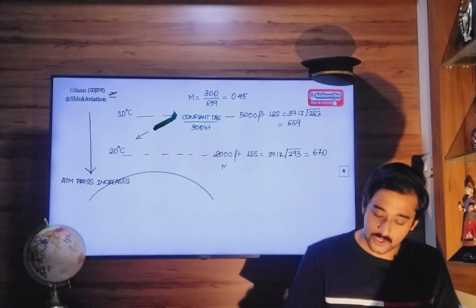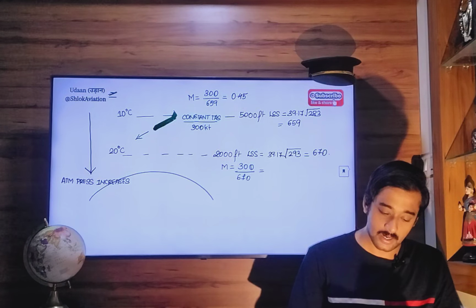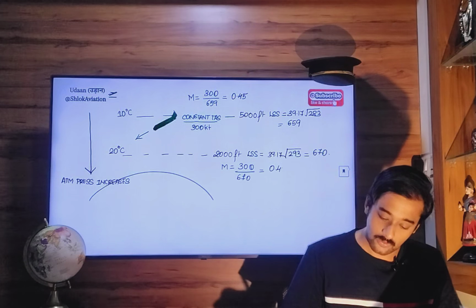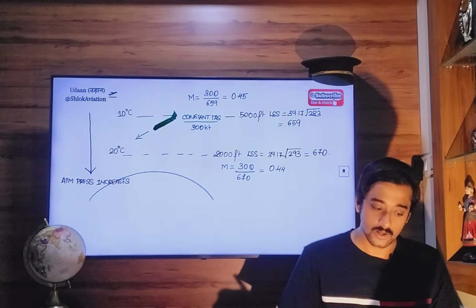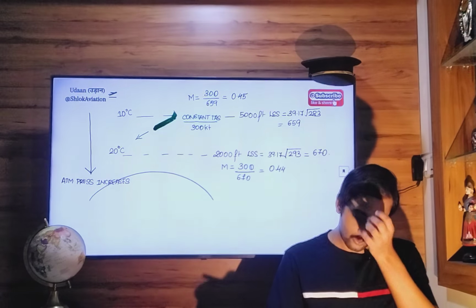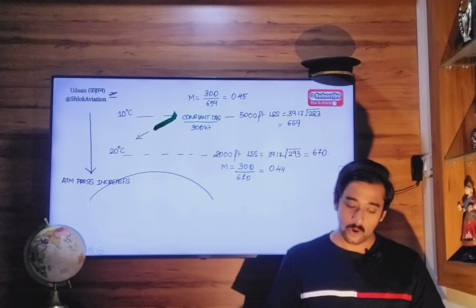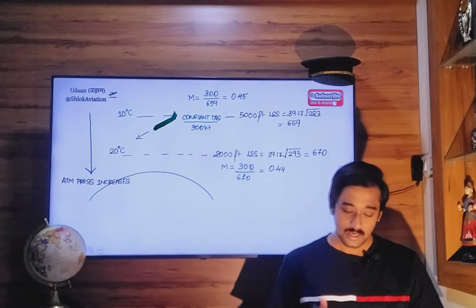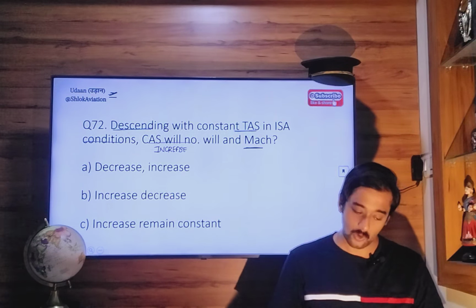Mach number at 2000 feet: true airspeed 300 divided by speed of sound 670 is 0.44, or approximately 0.44. So what has happened to Mach number? Mach number has remained more or less the same, 0.45, 0.44.